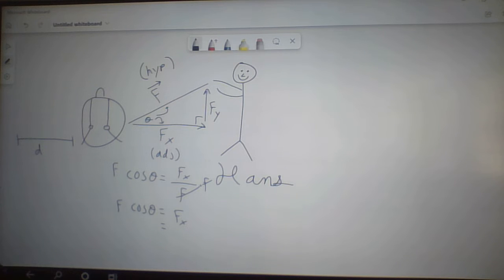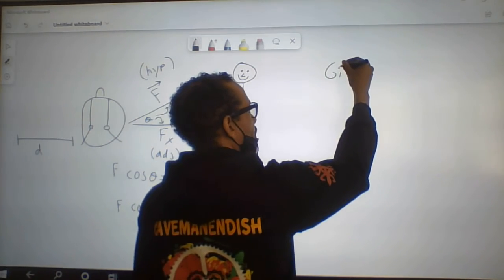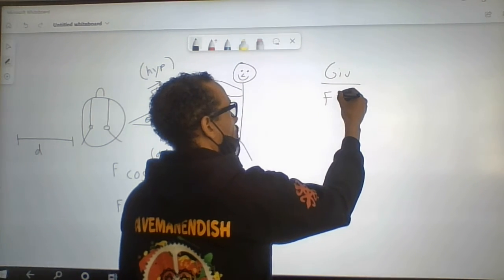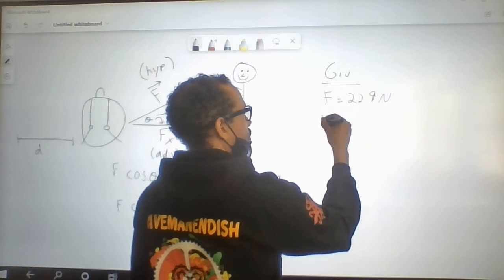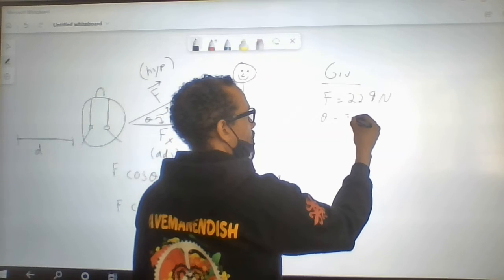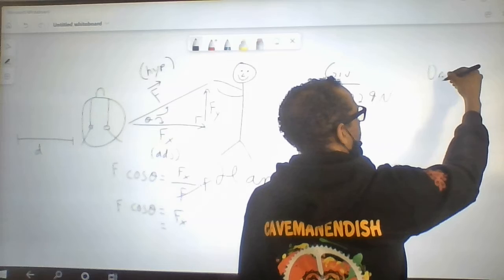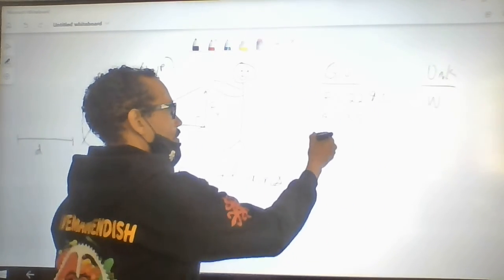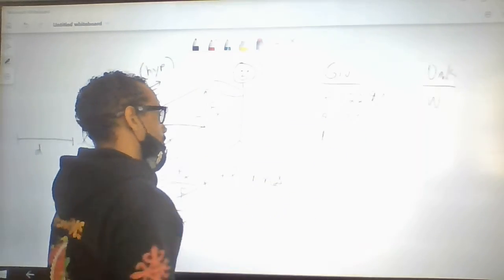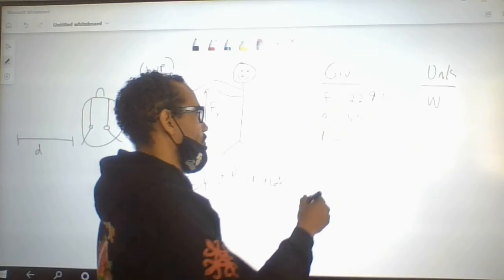Okay, so now I can find this force in the x direction. I'll take the given information. My force is going to be equal to 22.9 newtons, some angle theta, which is 35 degrees, and the unknown they want me to find is work. We also have a distance traveled of 129 meters.